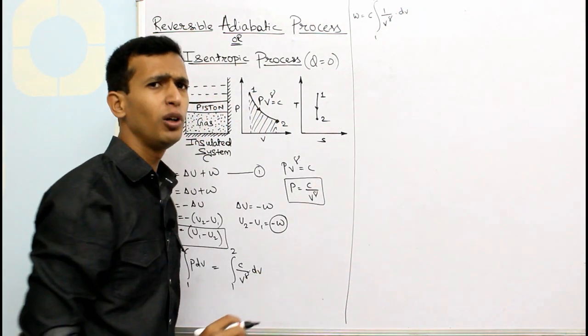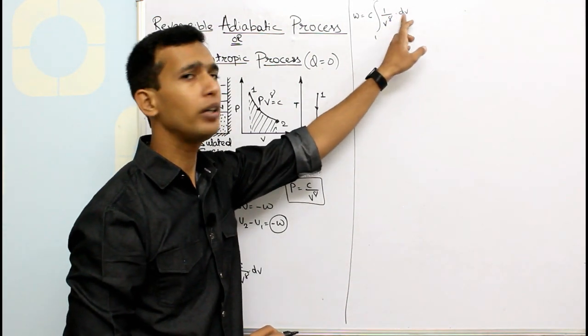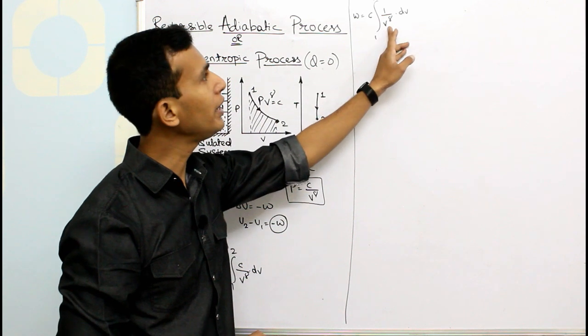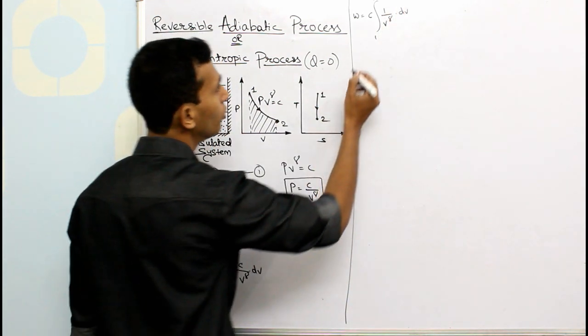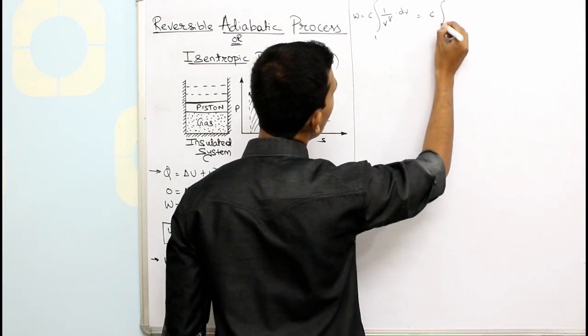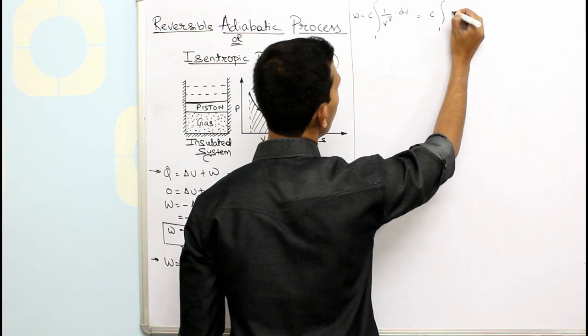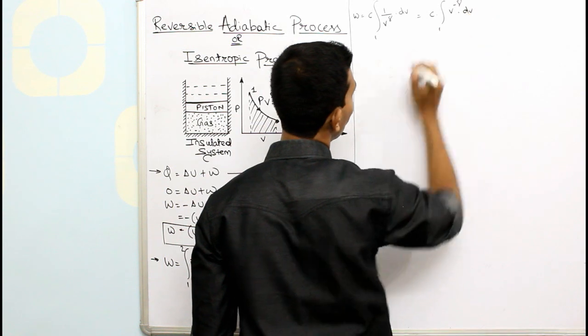Now there is no direct formula of integration for 1 divided by x raised to y into dx, and that's why I'm writing this by taking this term in the numerator. So here it becomes C into the integration from 1 to 2 of V raised to minus gamma into dV.